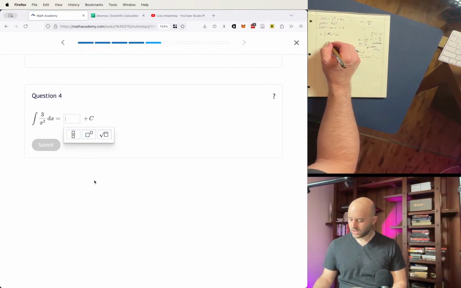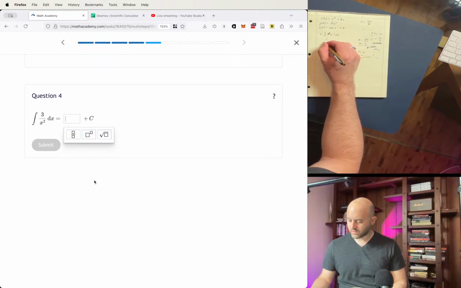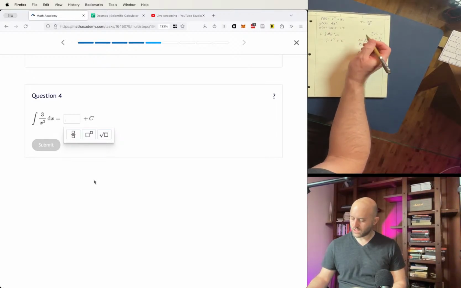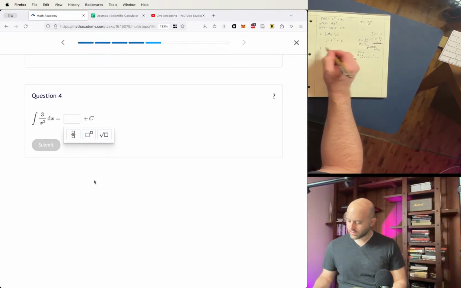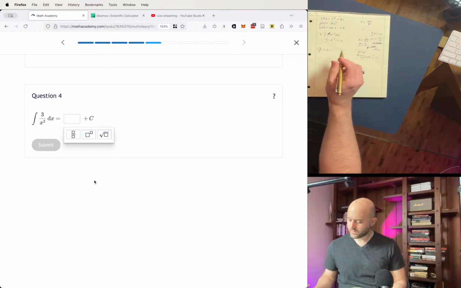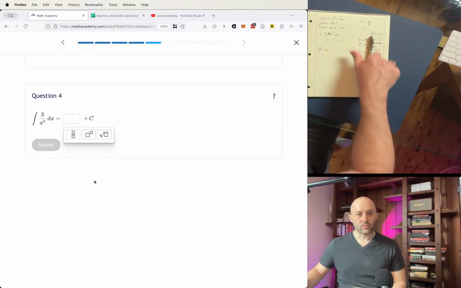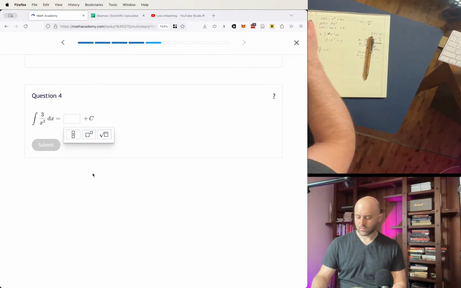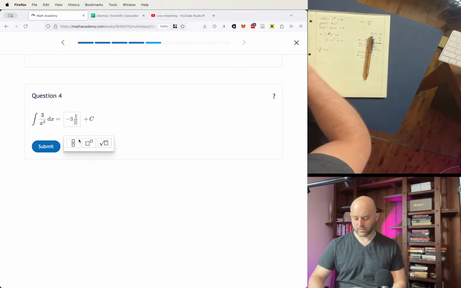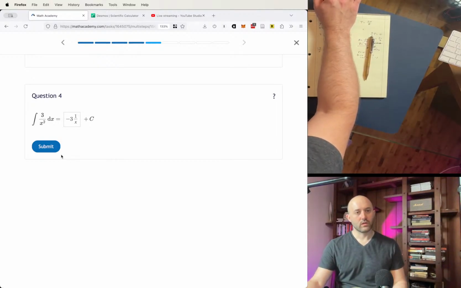Add 1 and then divide by that, so it's minus 1, so 1 over minus 1 x to the minus 1 plus c. So we get 3 times negative 1 over x, so negative 3 over x plus c. Negative 3. Sure, let's do 1 over x and then do c.